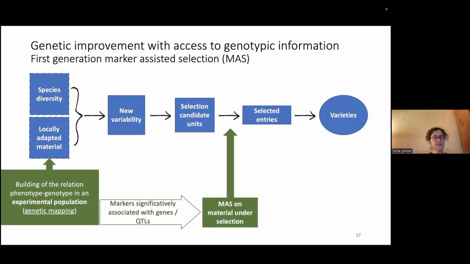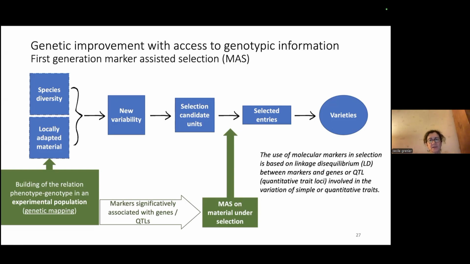And from this association, you will define markers that are significantly associated with genes or QTL of interest. Then the idea is to proceed with marker-assisted selection on the material that is under selection, so not completely the same material that is used for the genetic mapping.